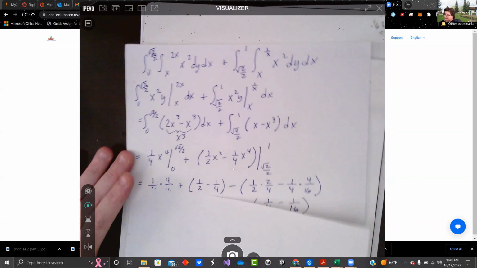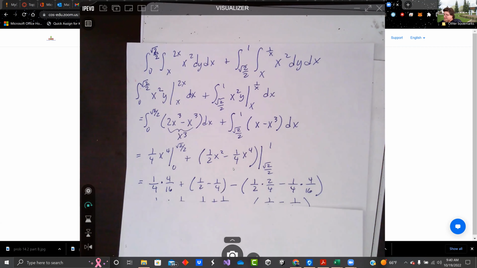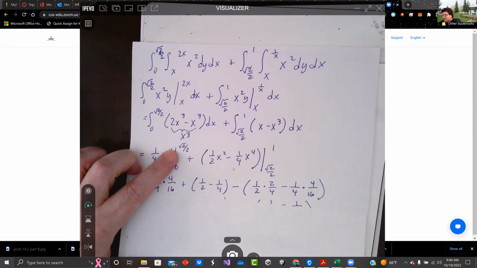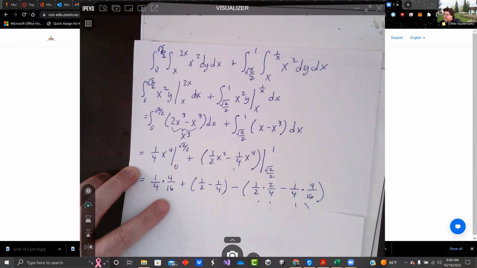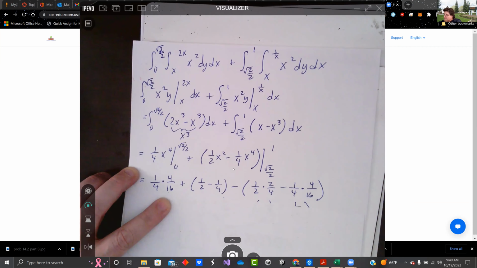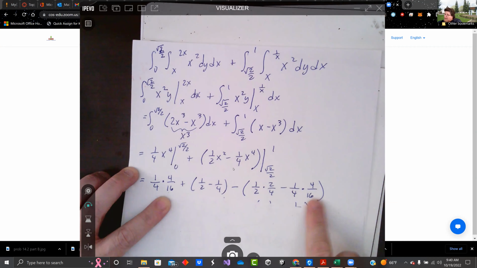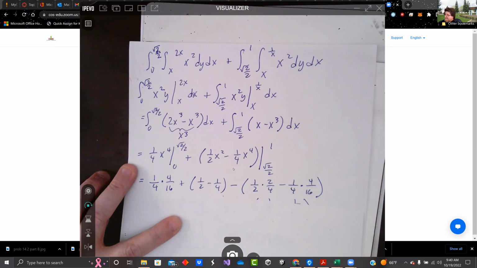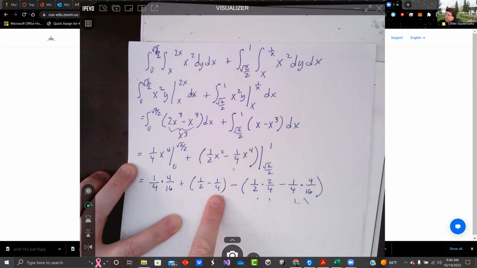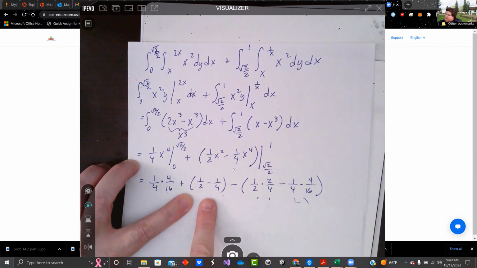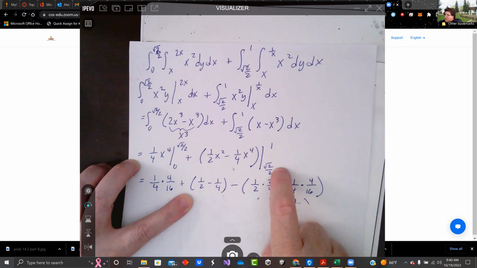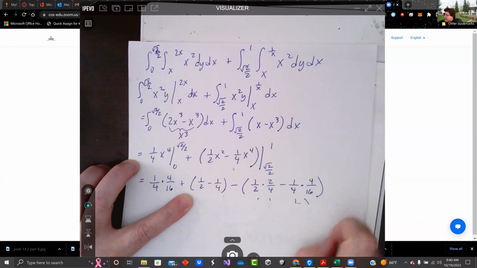So I plugged all that stuff in. We get 1/4 times x. When we take √2/2 to the 4th power, it's 4/16. And that shows up over here as well. So I got 1/4 times that minus 1/4 times 0, which I didn't list. This part is plugging in the 1/2 minus 1/4. And this part is plugging in the √2/2. √2/2 squared is 2/4.